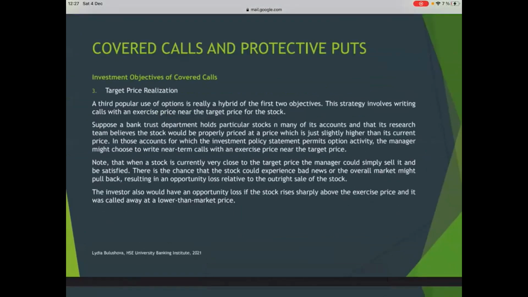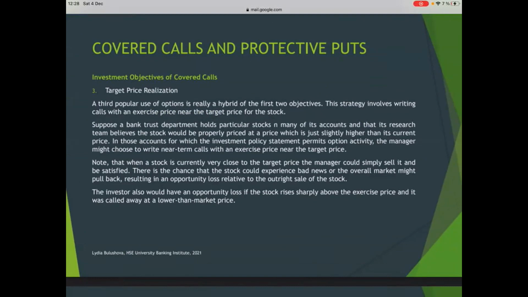There might be a strategy that's called target price realization. So I'd like to sell these particular assets at a predetermined price. And if this price is equal to the strike of a covered call, it means that I'm just getting a premium for selling assets at the desired price.